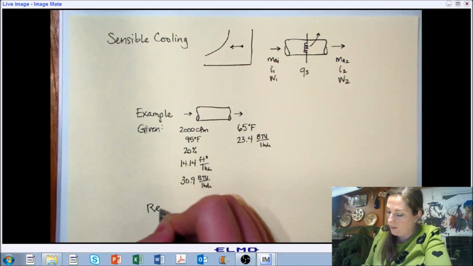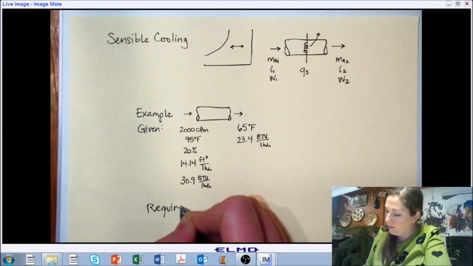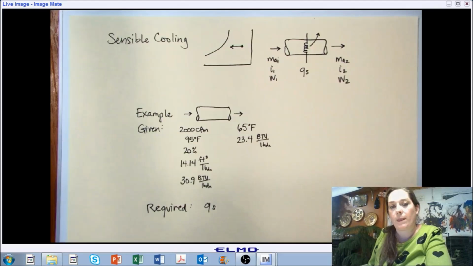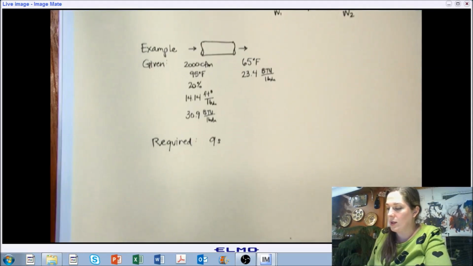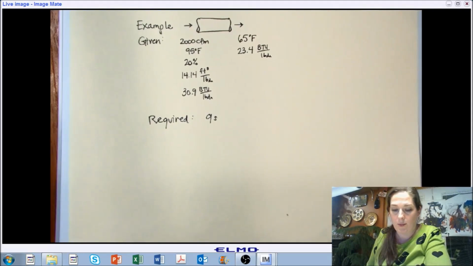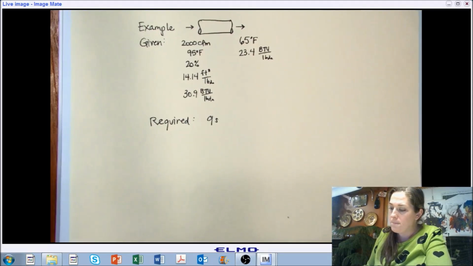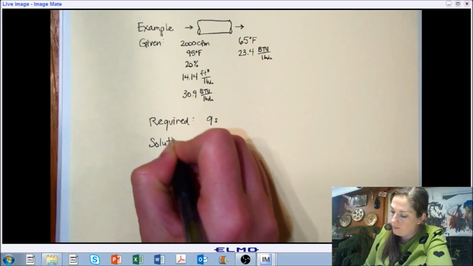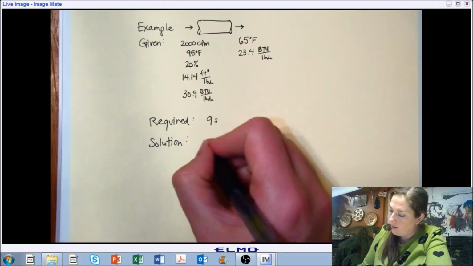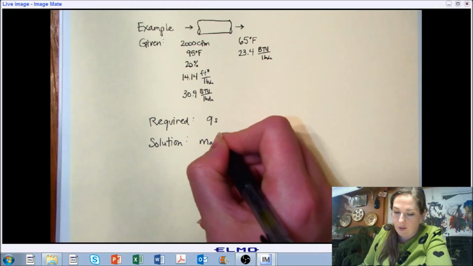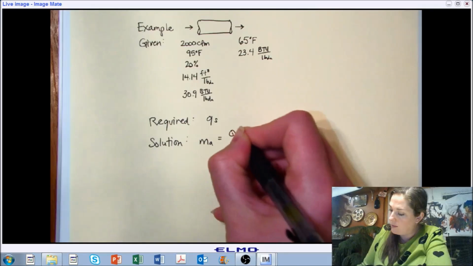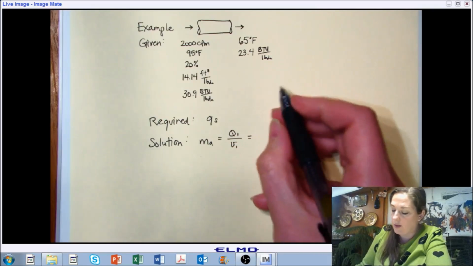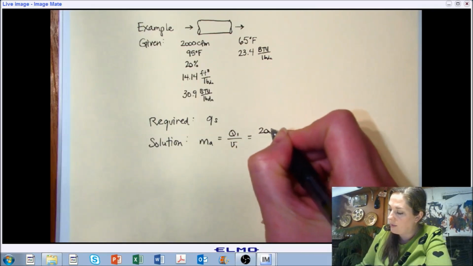We are asked to solve for the amount of sensible energy required to go from state point 1 to state point 2. Our solution is going to look similar to the approach that we used in our sensible heating example.